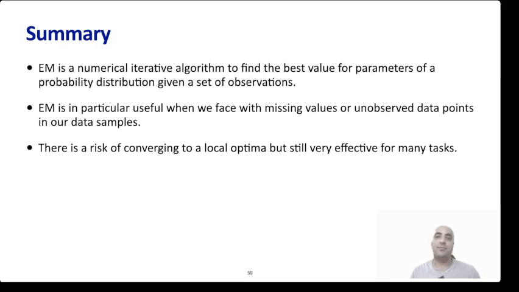But MLE doesn't work when we have hidden values or we are facing unobserved data points. In such cases, we should apply expectation maximization. So if you have semi-supervised learning, clustering tasks, or unsupervised learning, expectation maximization is one of the perfect algorithms to follow.